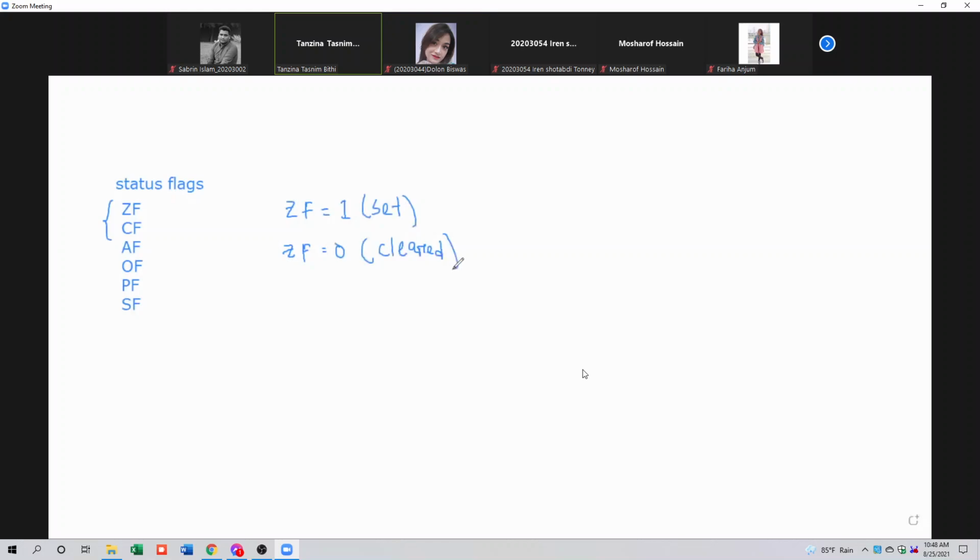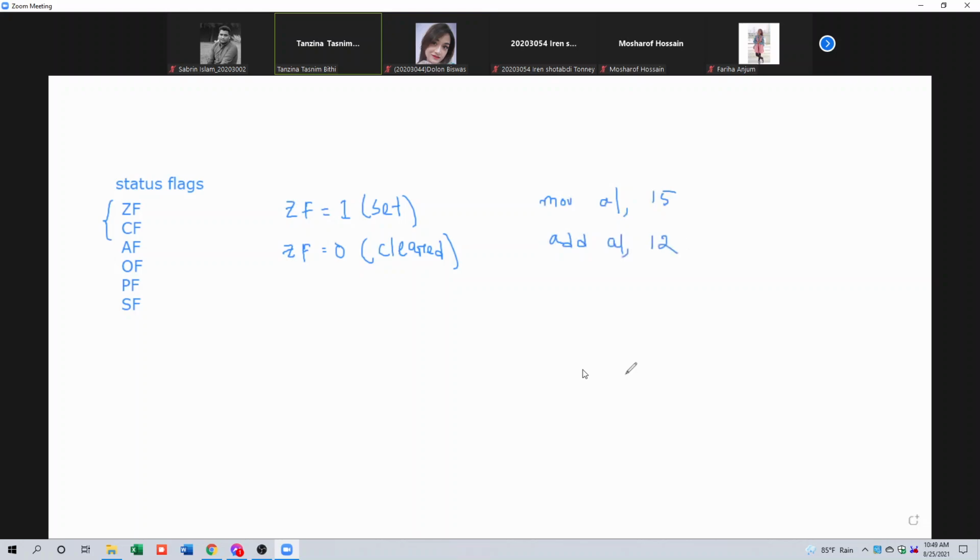So how are we going to set or clear the zero flag? Obviously, it depends on the type of operation, the size of your operand, and what type of value you are going to add or subtract, right? For this operation, MOV AL, 15, this is a decimal number, and then ADD AL, 12.